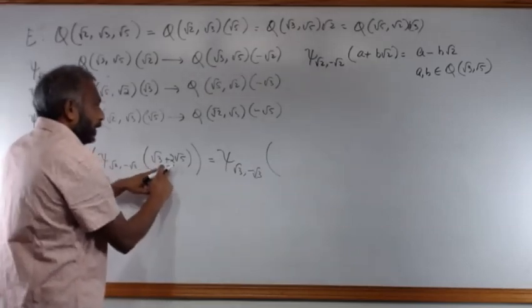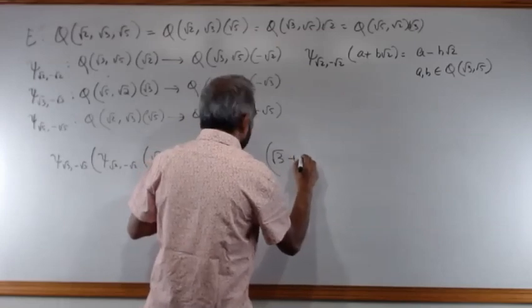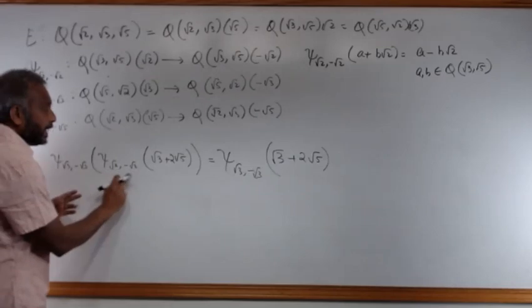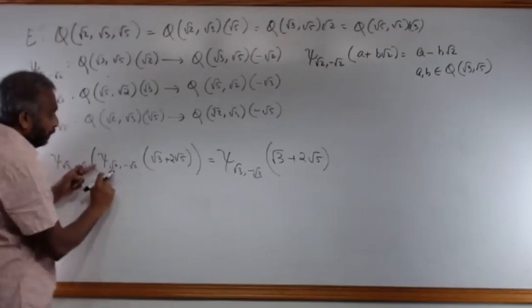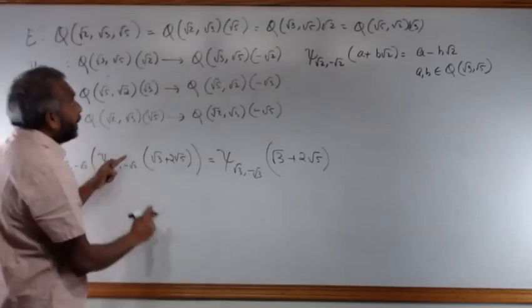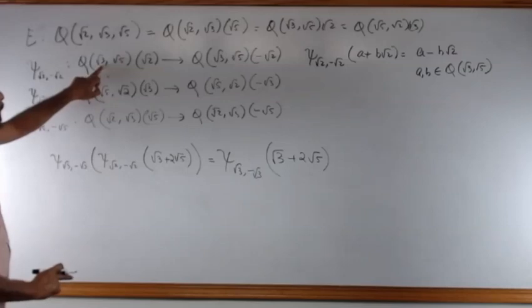Otherwise, it is the same. We are not changing. See, we are actually fixed. When you say psi of root 2 comma minus root 2, the base field is Q of root 3 comma root 5.